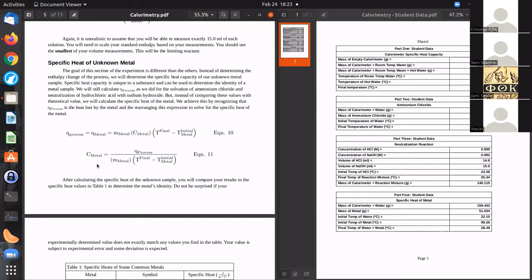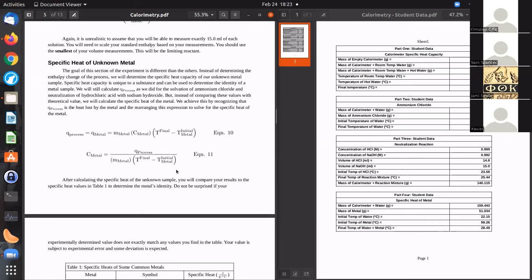So we can take an unknown metal, heat it up, add it to some water, and by measuring how much water we had and how much it heats up after that, we can identify that unknown metal, which is kind of nifty if you think about it.